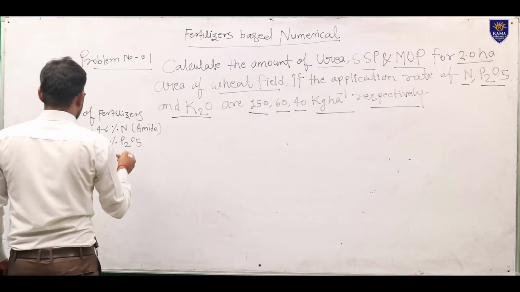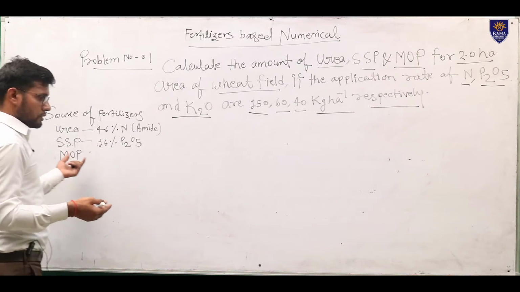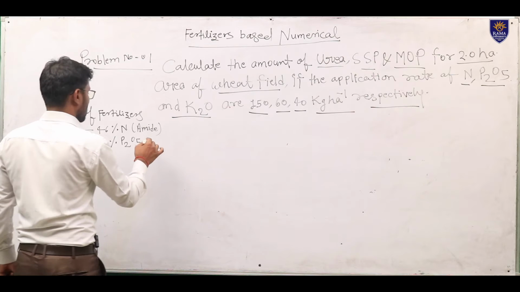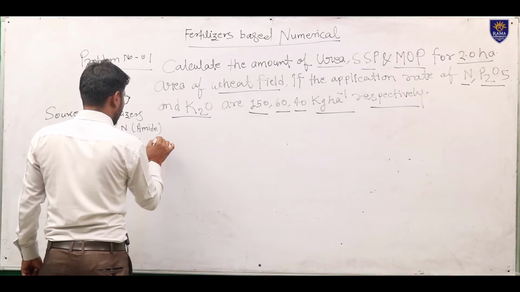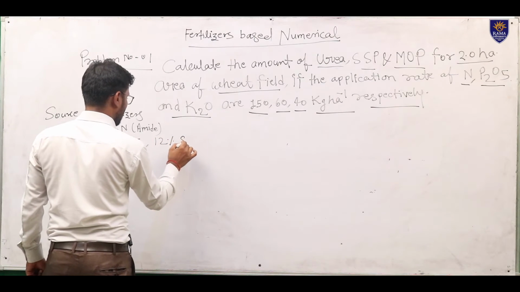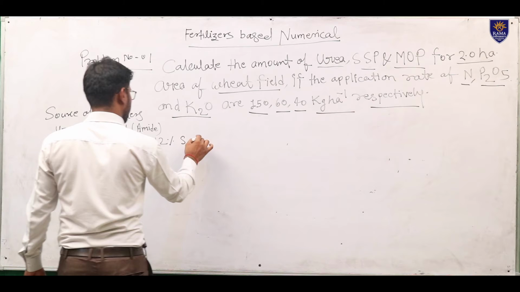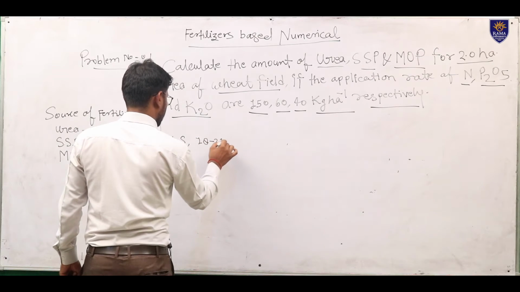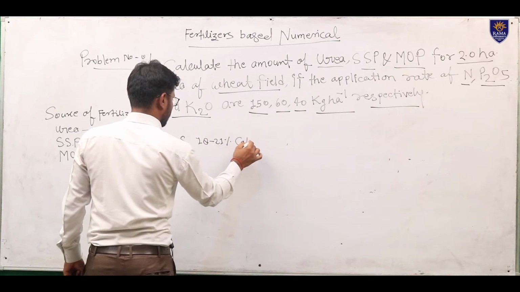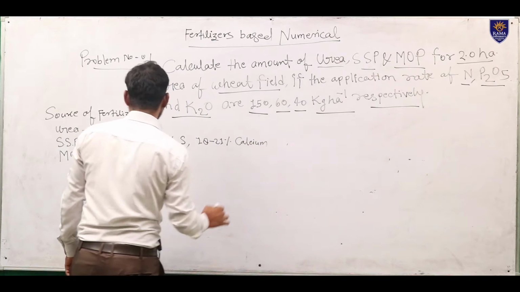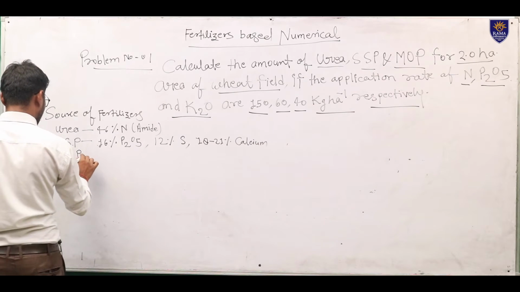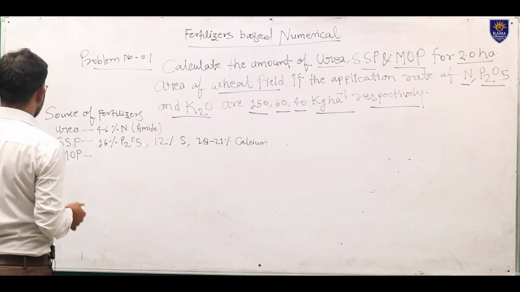Apart from phosphorus, single superphosphate also contains 12% sulfur and 18 to 21% calcium. Third one is MOP, muriate of potash.